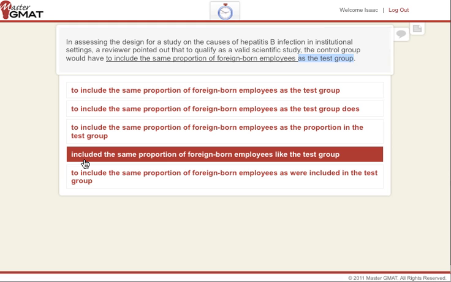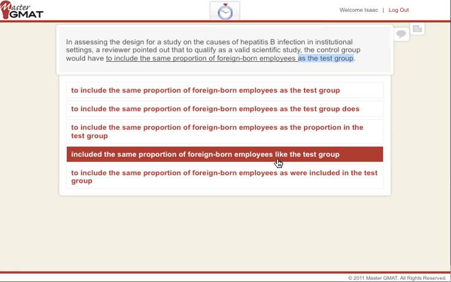The second one, and very, very importantly, is that the word like over here is comparing something completely different than the original sentence. This actually makes it an illogical comparison. This answer choice illogically compares the test group itself with the proportion of foreign-born employees included in that group. Got to be careful over here.